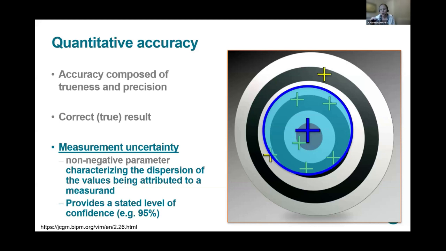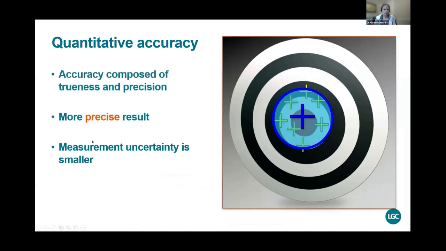It's normally associated with a particular level of confidence, where you could expect at a 95% confidence level that all of the possible values would be around the true value.